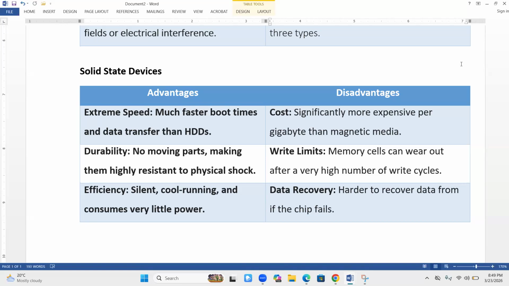Then durability, because of no moving parts, making them highly resistant to physical shock.